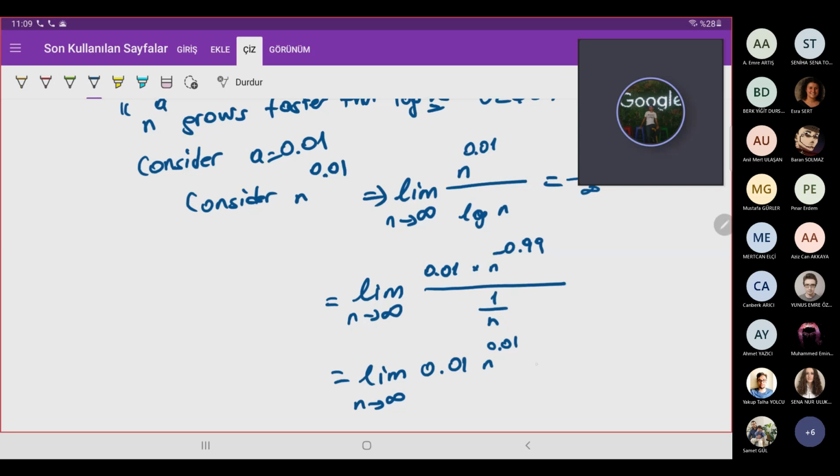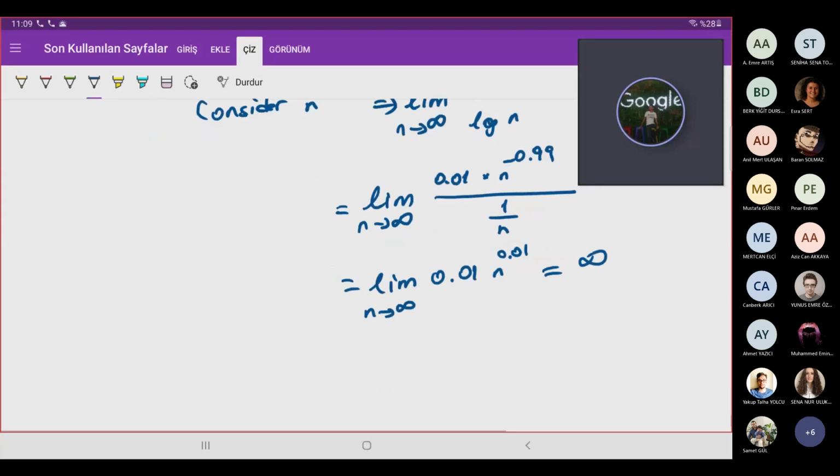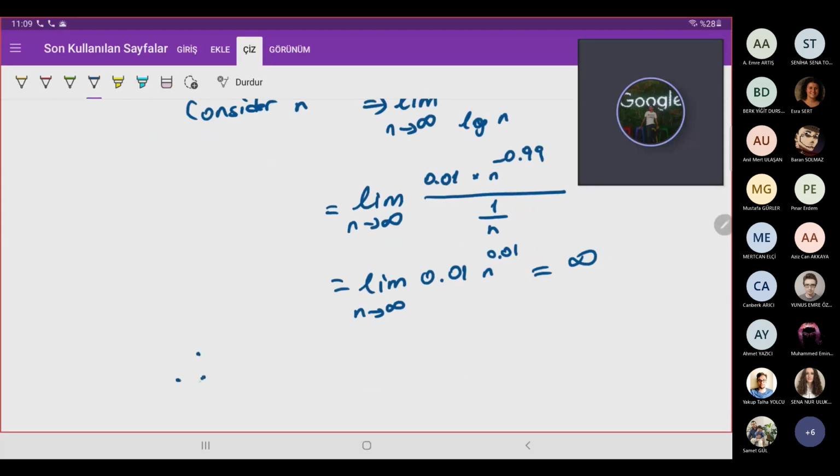So the limit is infinity, right? If it's infinity, what does it mean? N to the power 0.01 is bigger, it grows faster. Therefore, n to the power 0.01 grows faster than log n.